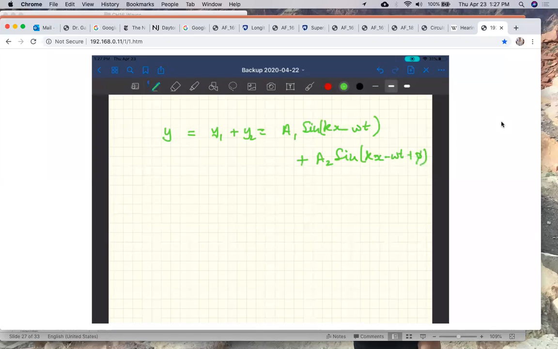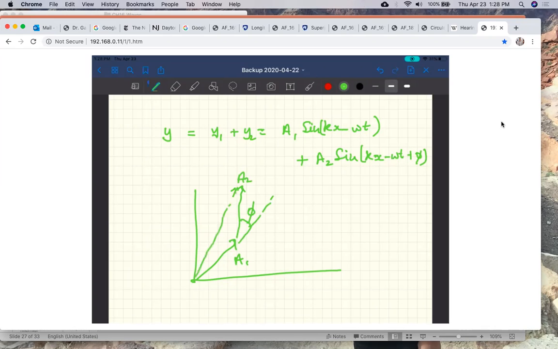Here's how you combine them. Here's A1 and A2. You draw this vector A2 like that, and this is the phase difference phi. Then there would be the resultant, and the y component of the resultant is your combined wave.